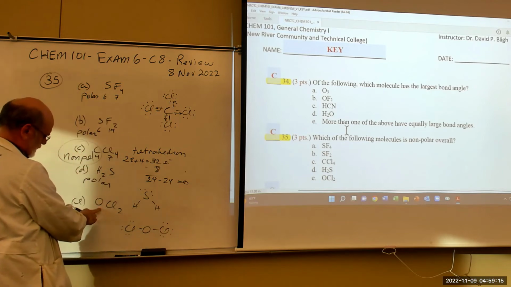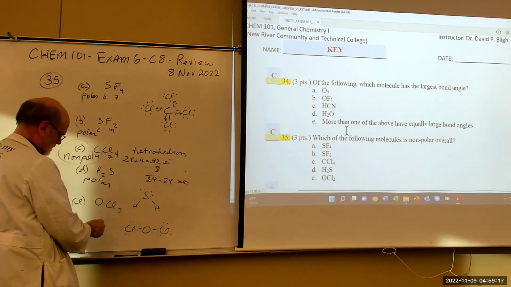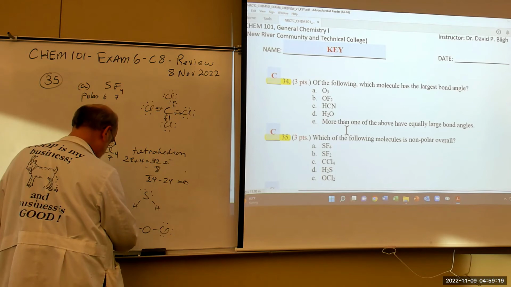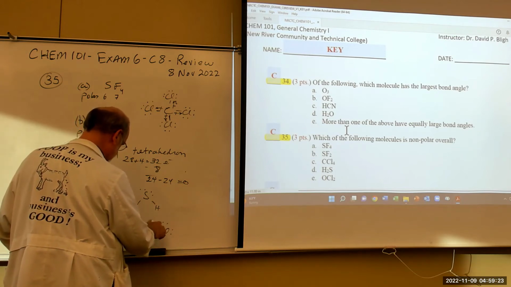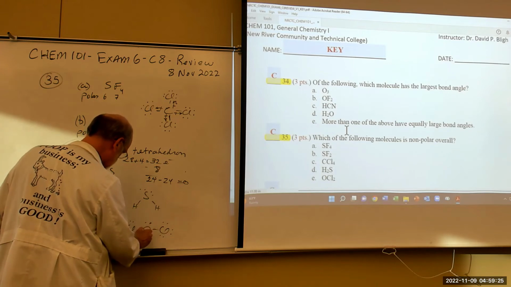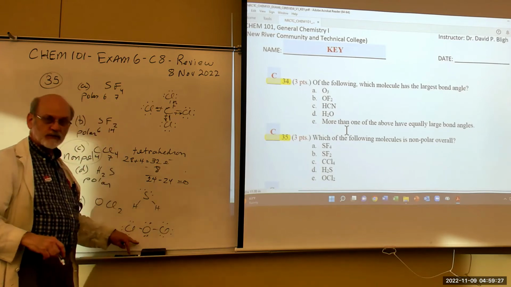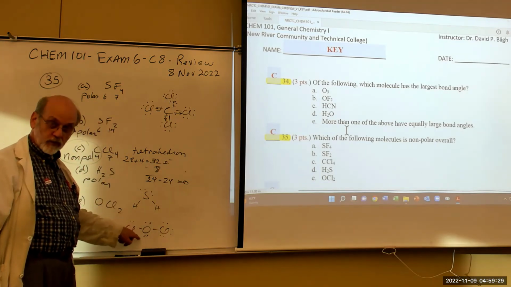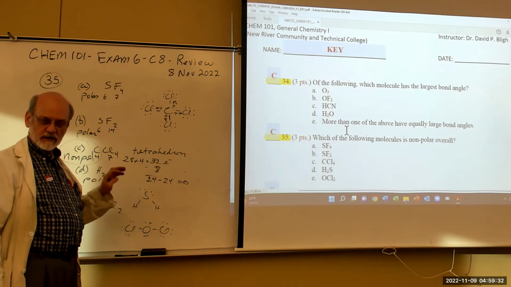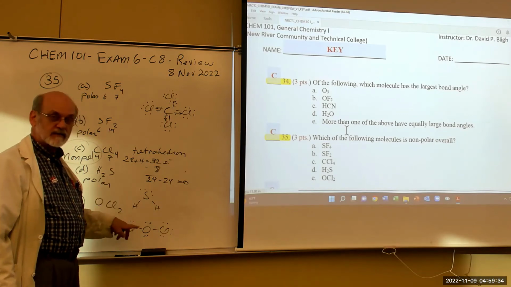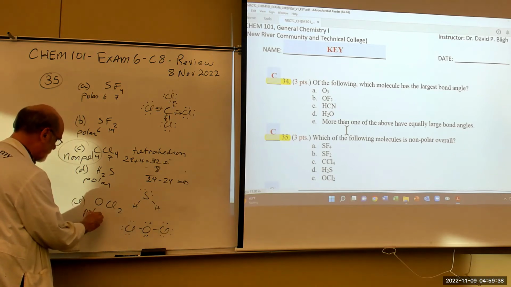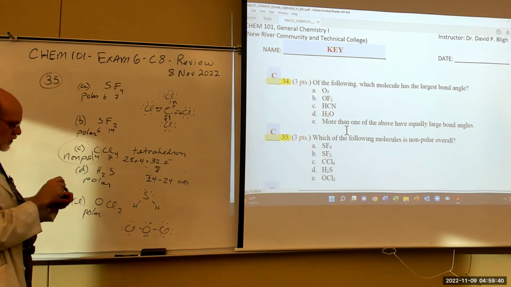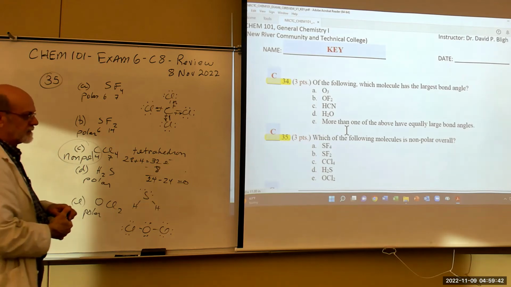Let's see. 6 plus 14 is 20. So 2, 4, 6, 8, 10, 12, 14, 16, 18, 20. This one is a bent molecule too. 4 groups, tetrahedron, molecular structure is bent. So this one is also polar. This is the only nonpolar in that group, carbon tetrachloride.